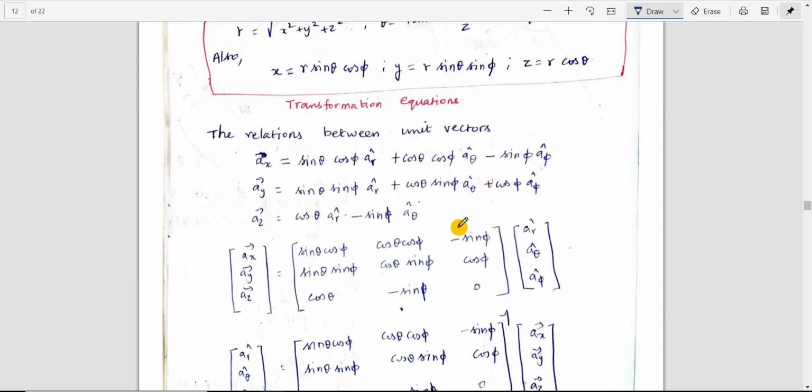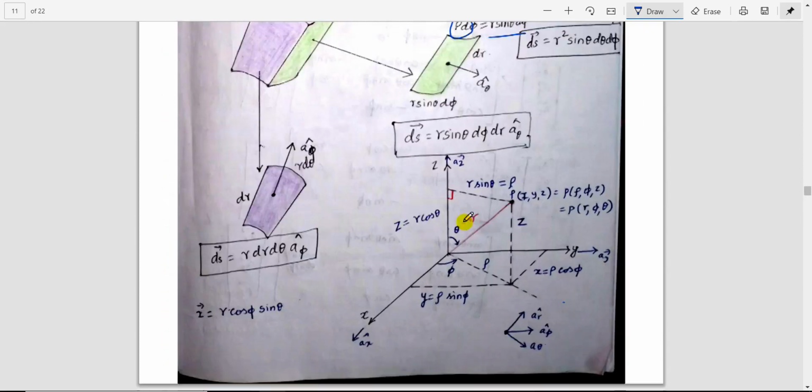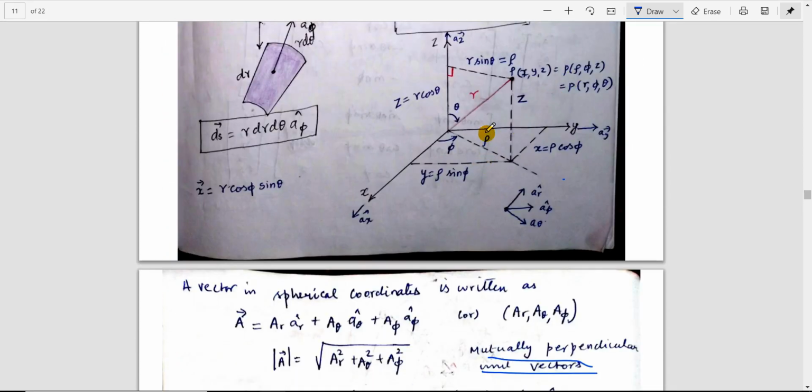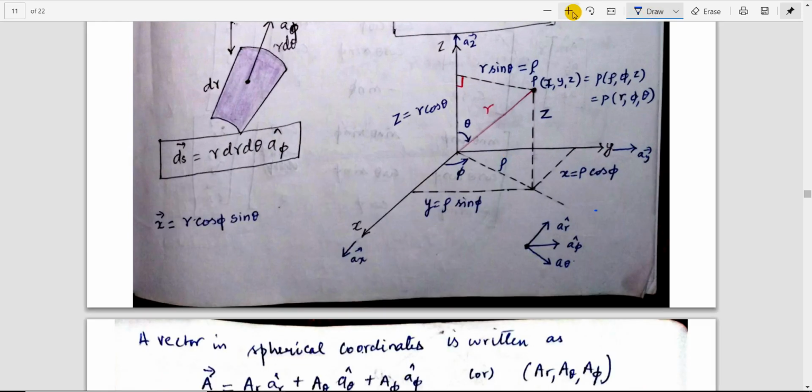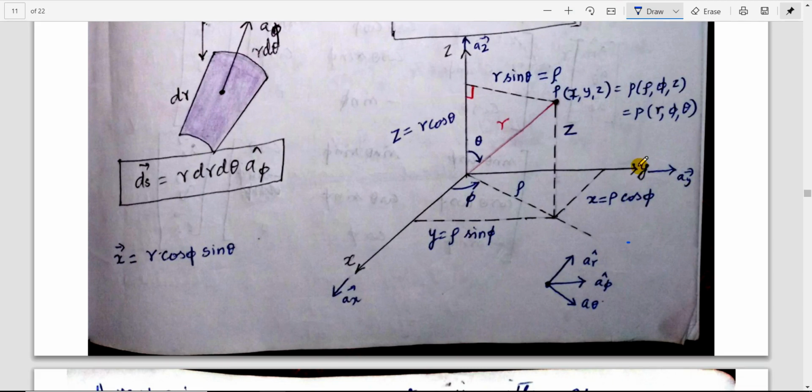Now the transformation equations can be derived from the diagram as we have mentioned. Here you just notice carefully, because this is an important one. So you need to listen carefully. As we have mentioned in the base vector, this is going to be the direction of ar cap. This is the AR vector.